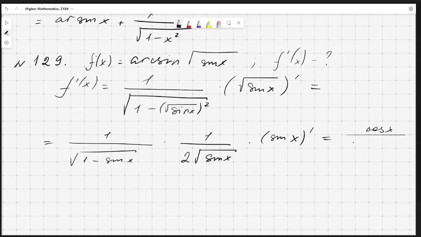And in denominator stay 2 and square root of sine. I take into this root this sine, and we will have sine of x minus sine squared of x. Okay, this is answer. Don't question.